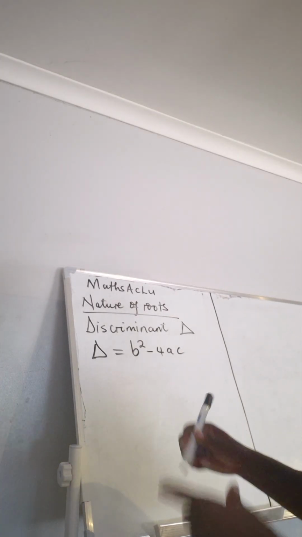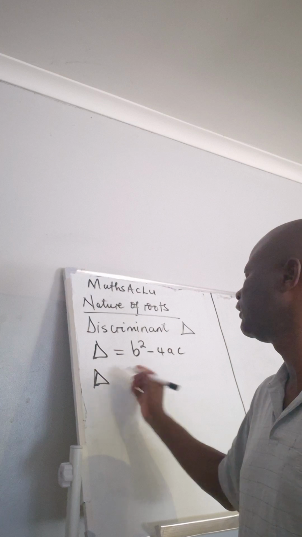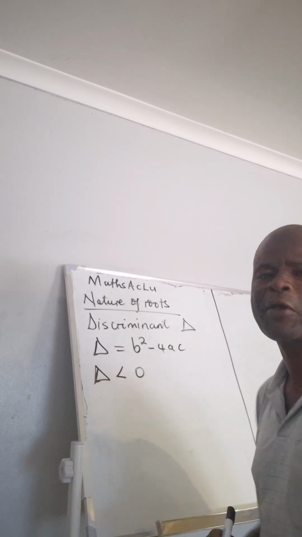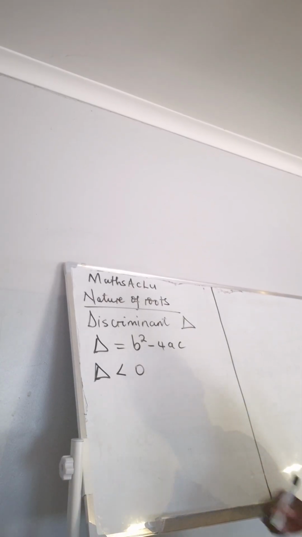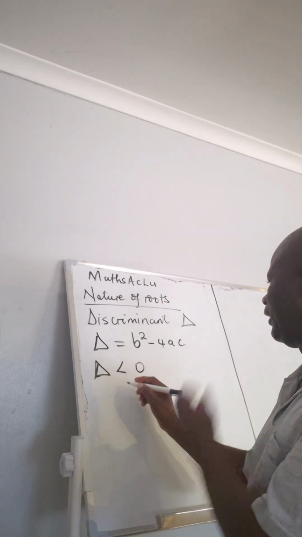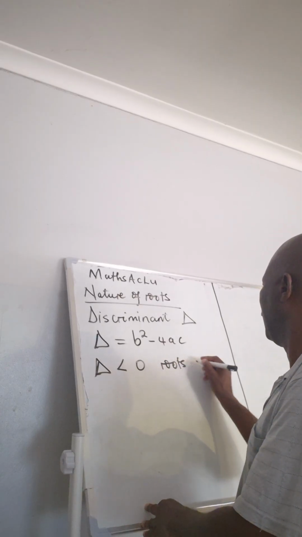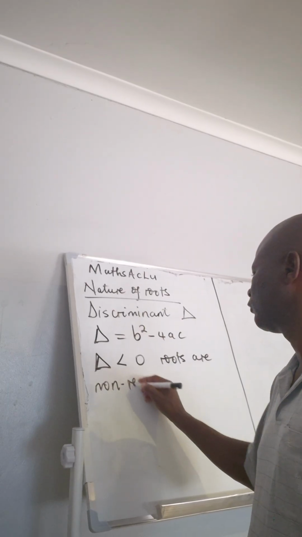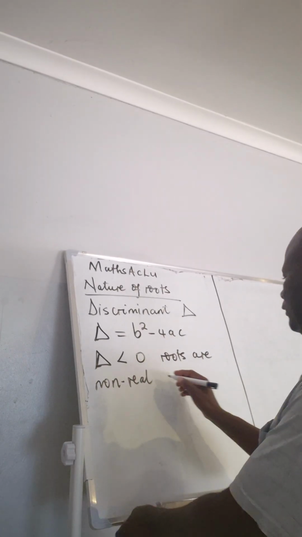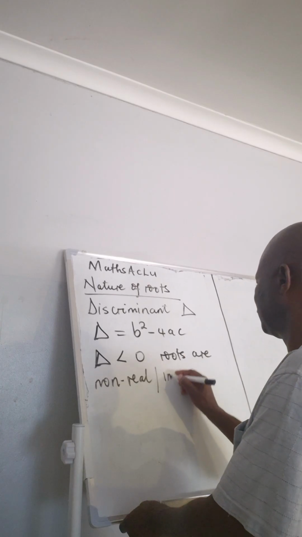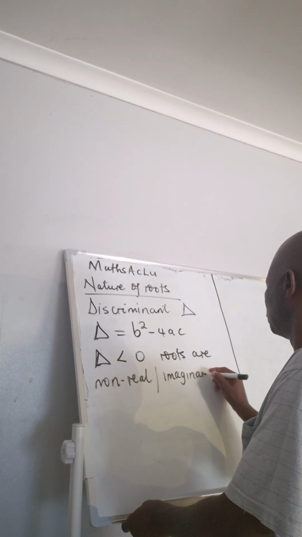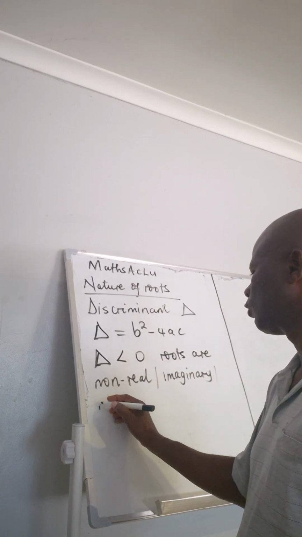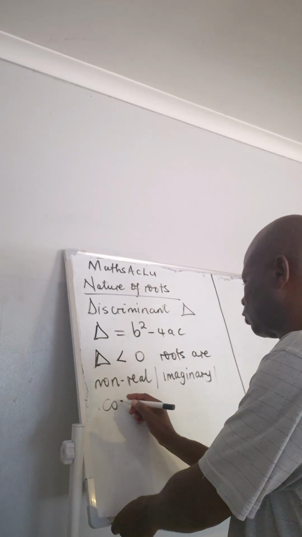If you calculate your discriminant and you find that the discriminant is less than 0, then we describe the roots: your roots are non-real, or you can say the roots are imaginary, or you can say roots are complex roots.